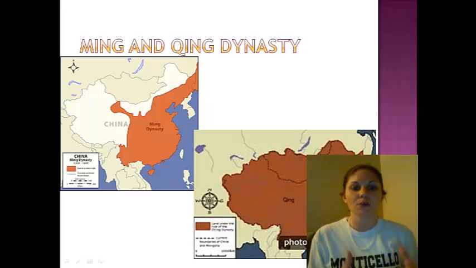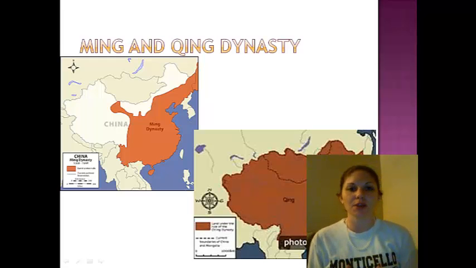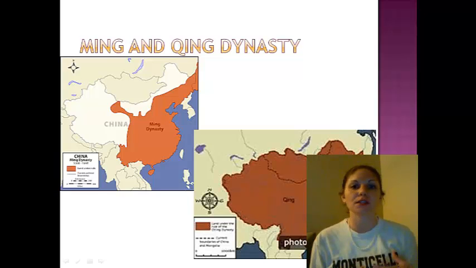So first we'll talk about China. During this time period, China is under two different ruling families. First is the Ming. You see on our map here where the Ming dynasty borders are compared to modern day China. It's pretty sizable, but not the full extent of what we know as modern day China.